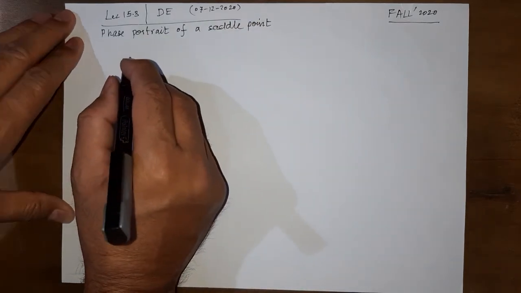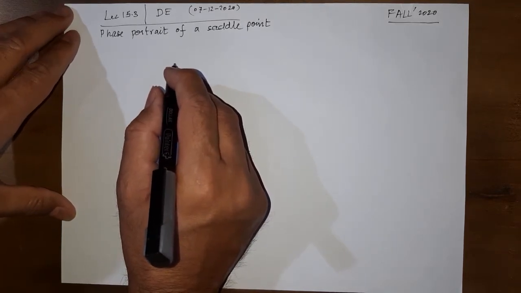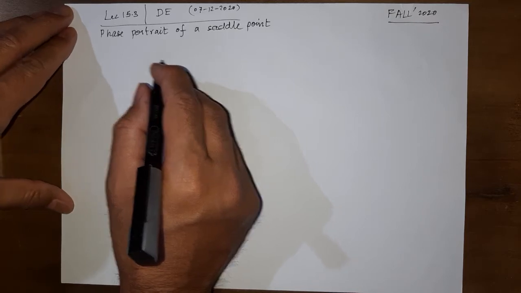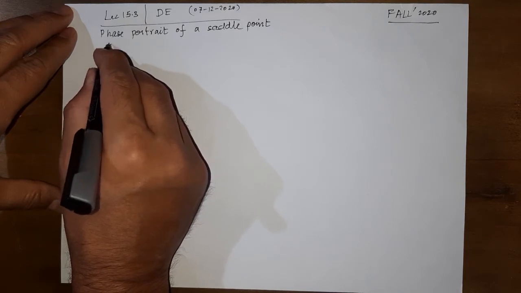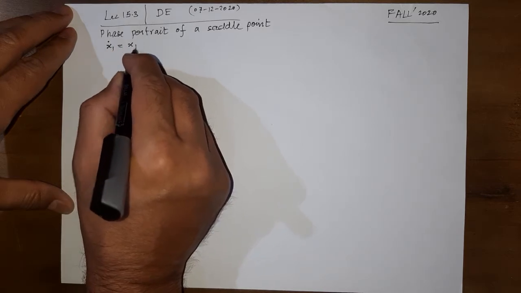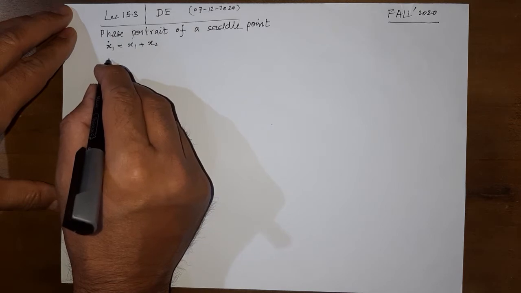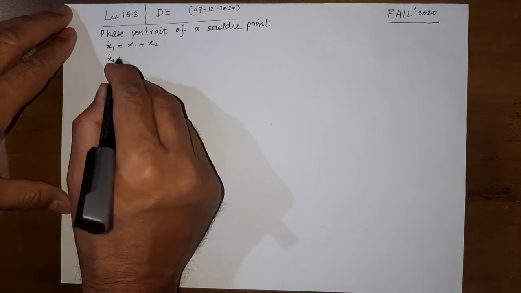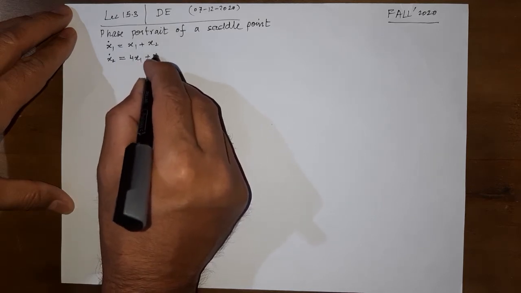When we have real and distinct eigenvalues, but one of them is positive and the other one is negative. Now I would not try to solve in detail because I think we have done that several times for the case of real and distinct ones, and you should be able to do it on your own.